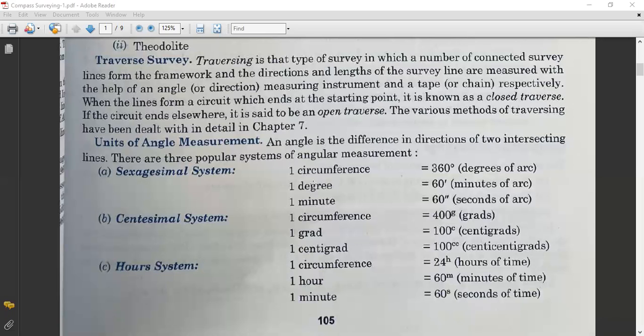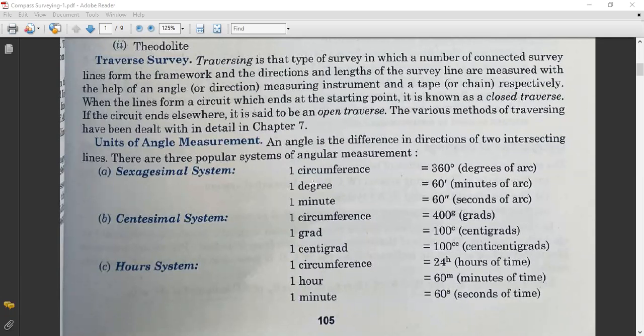minutes and seconds. The other two systems we will just have an introduction about. Centesimal system, where one circumference is 400 grades, one grade is 100 centigrades, and one centigrade is 100 centi-seconds. This is about the centesimal system.